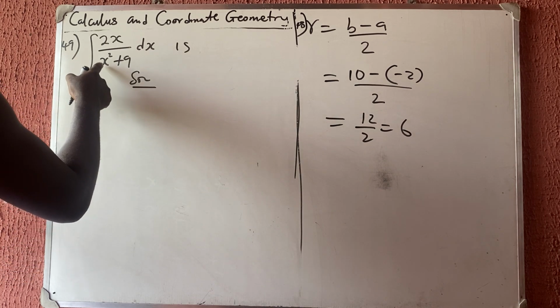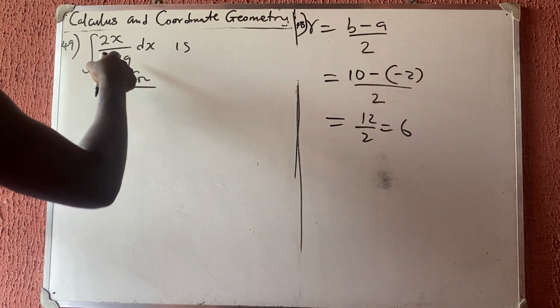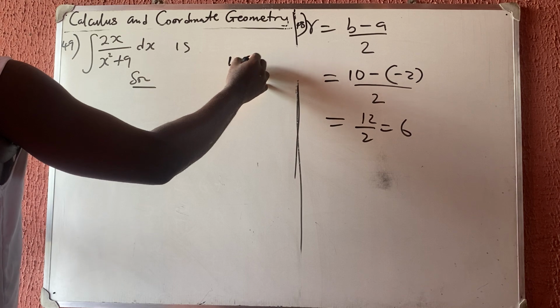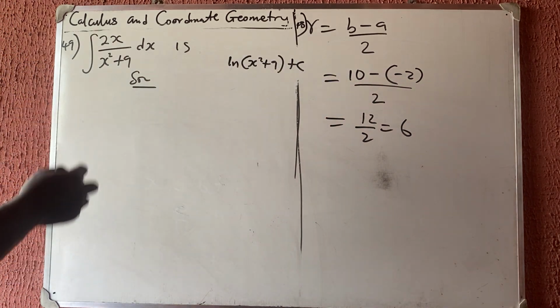Differentiation of x squared is 2x, differentiation of 9 is 0. Since I got this, the answer is ln of x squared plus 9, plus a constant.